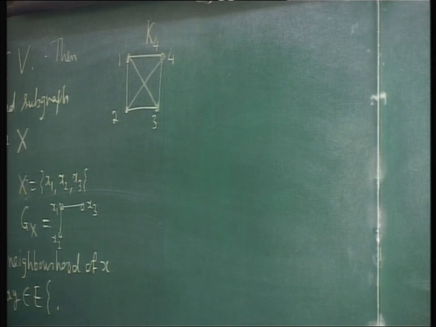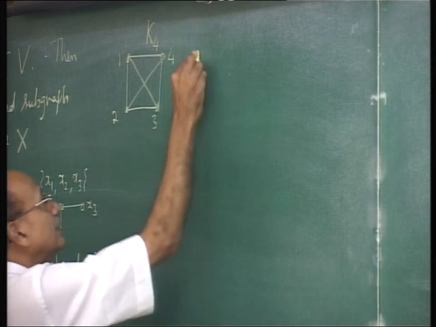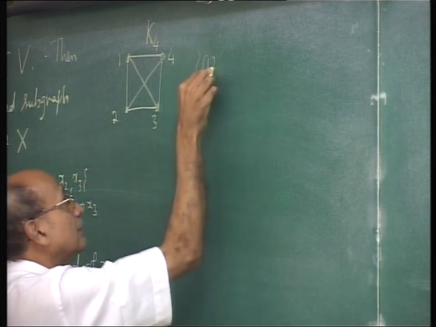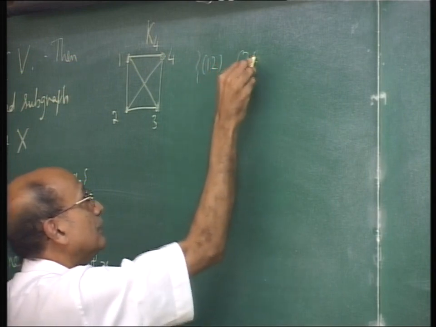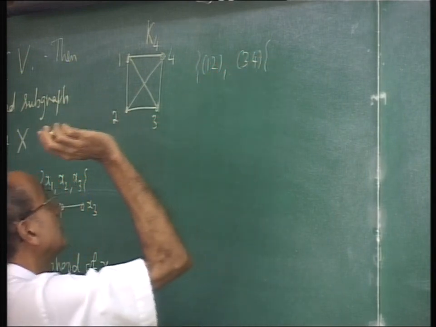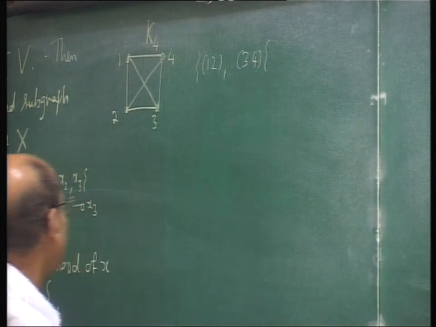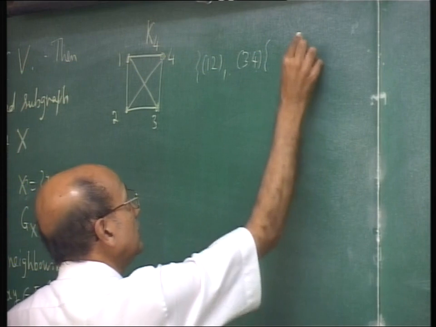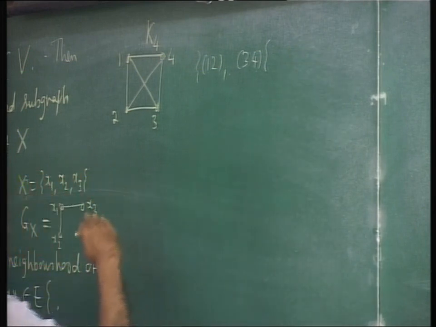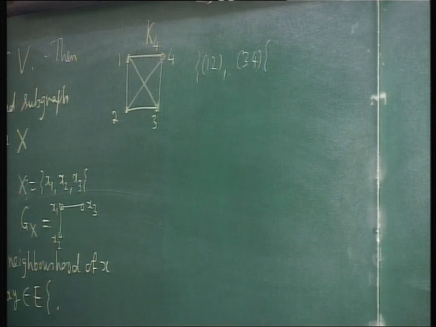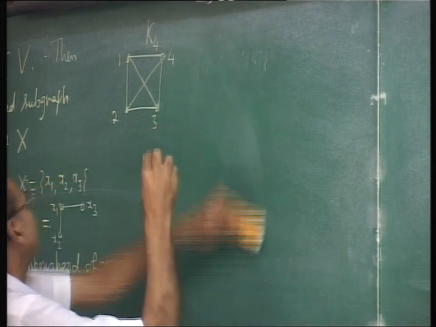For example, one way of doing this: what is the corresponding partition? You have 1 and 3 on one side and 2 and 4 on the other side. Take all possible edges.